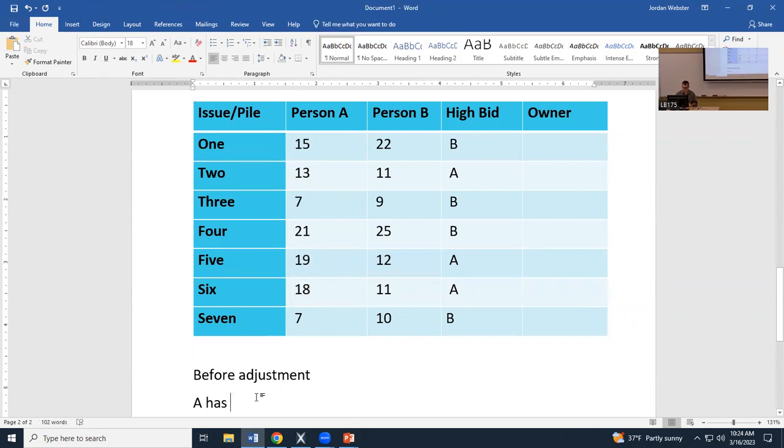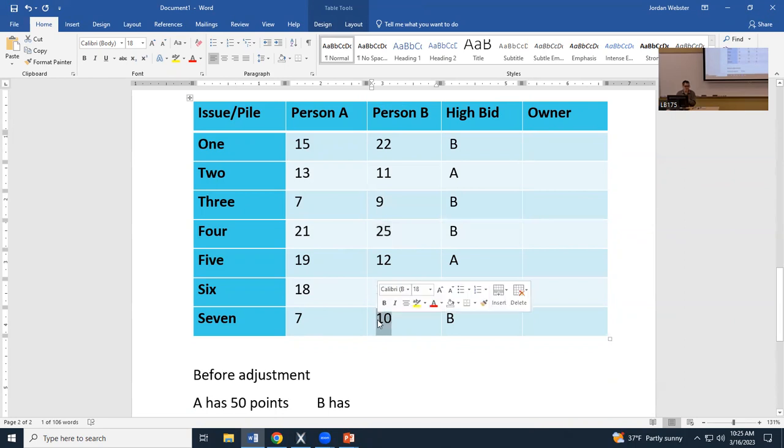So A has 50 points. And B has, well, let's see what B has. 22 plus 9 plus 25 plus 10.